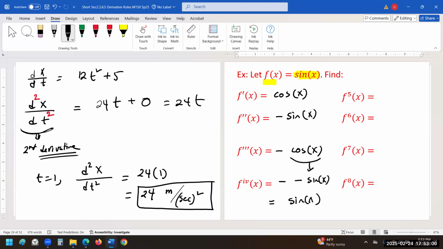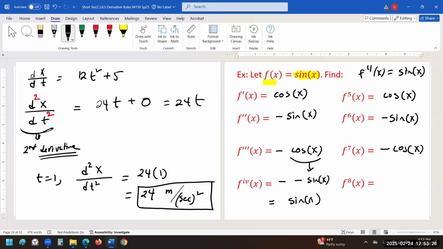Now the fifth derivative. So the fourth derivative is sine. Now the fifth derivative is cosine. Then the sixth derivative is negative sine. The seventh derivative is negative cosine.